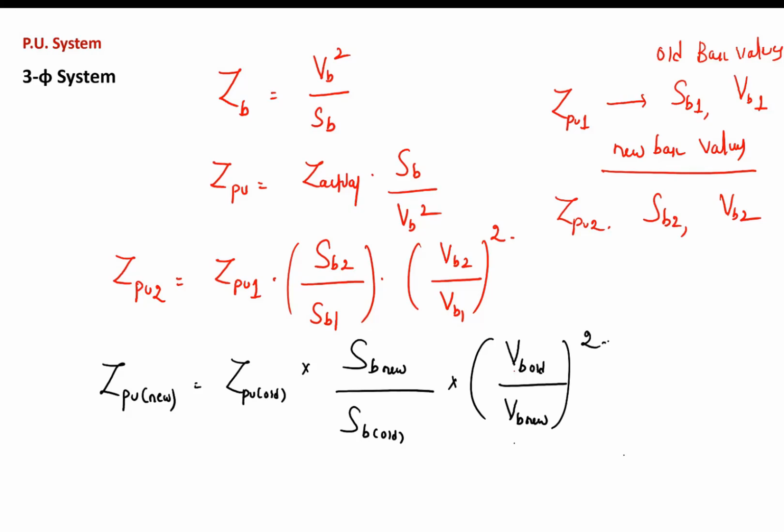Understand? So these three formulae you have to remember. The formulas are exactly the same for three-phase system as well as single-phase system. There is no difference. But what is the difference between single-phase and three-phase per unit system? We'll only discuss that point and we will close this per unit.